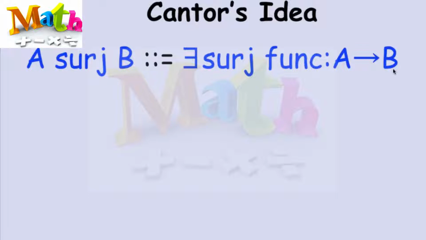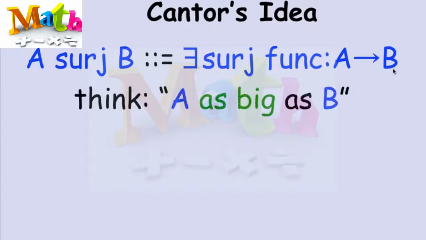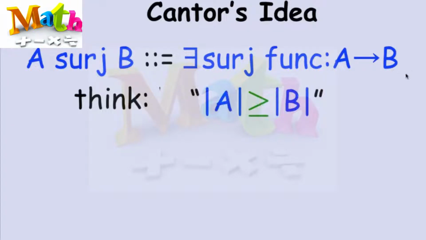Why don't we take this as the definition of what we mean by A is at least the size of B for infinite sets. So we're going to think of A surj B now as saying A is as big as B. And for finite sets, it's literally true that A surj B if and only if the size of A is greater or equal to the size of B.